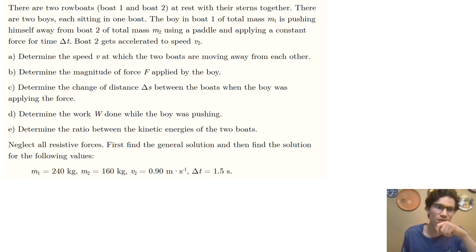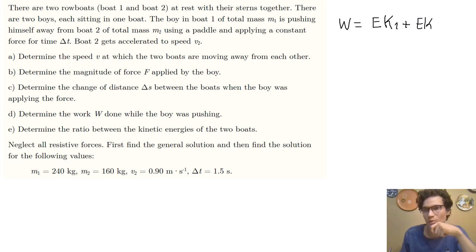We also have to find the work done while the boy was pushing. We can represent work as the sum of the total kinetic energy in the system. In this system, we have two objects, boat 1 and boat 2. So the work done is the kinetic energy of boat 1 plus the kinetic energy of boat 2.